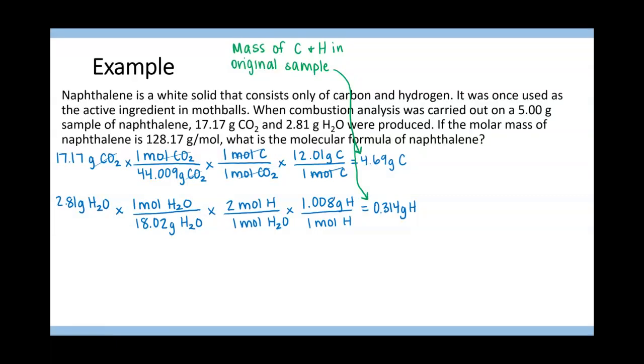Okay, so we have the masses of the 2 elements that are present in the original sample. To find the molar ratio to get to the empirical formula, we need to convert to moles. So 4.69 grams of carbon, use a molar mass. And I'm just continuing from that calculation there.